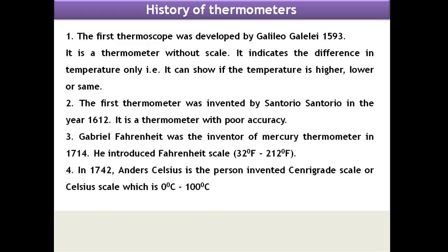The Fahrenheit scale, which is 32 degrees F to 212 degrees F, is named after him. Later in 1742, Anders Celsius invented the centigrade scale or Celsius scale, which is 0 degrees C to 100 degrees C. This is briefly about the history of the thermometer.